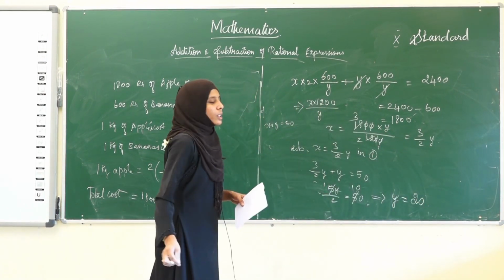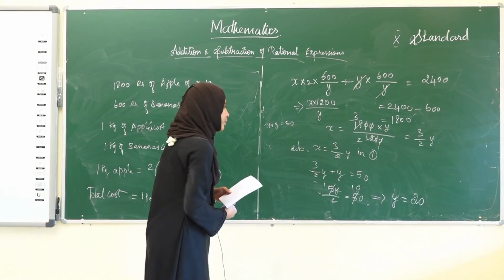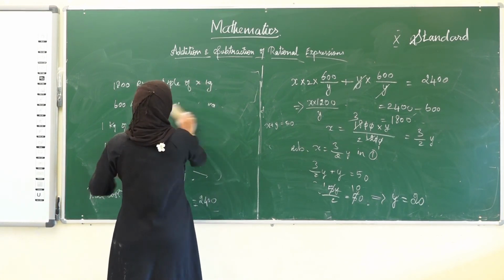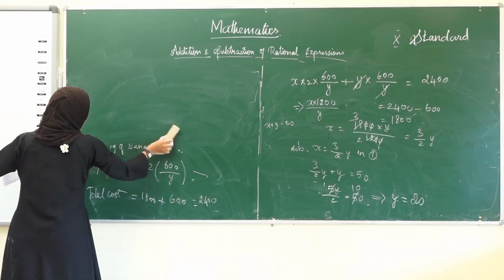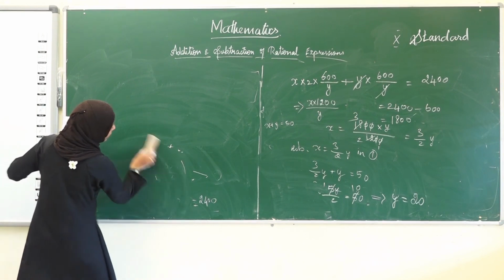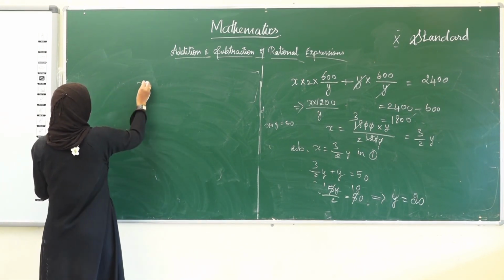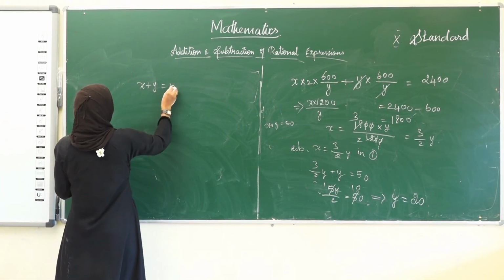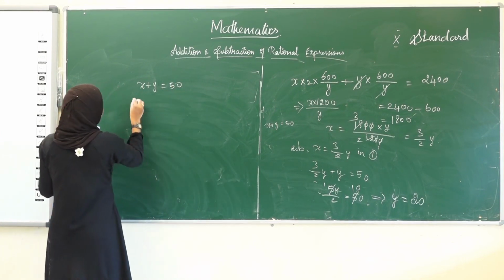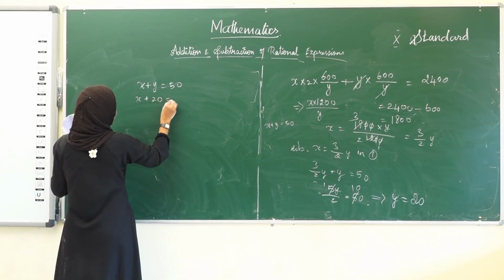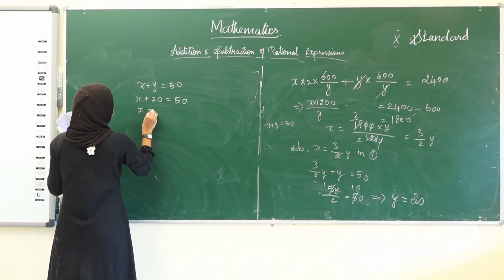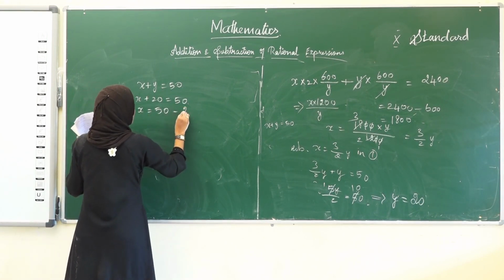So what we have taken, y is the number of kgs of banana. If y is equal to 20, substitute the value of y equal to 20 in x plus y is equal to 50, which we already know. If y's value is 20, x plus 20 is equal to 50. x is equal to 50 minus 20.